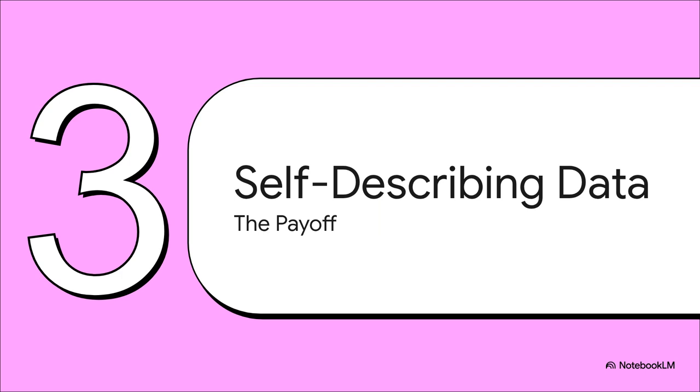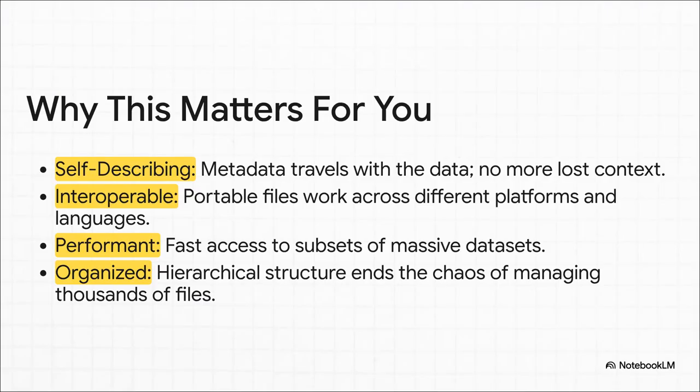Okay, so we've got this amazing organization and these incredible performance superpowers. But what's the real payoff? What does this actually mean for you, the person who's in the trenches working with all this data? Well, this is where it all comes together. Because of those attributes, your files are self-describing. You'll never lose context again. The format is a universal standard, which means you get interoperability.